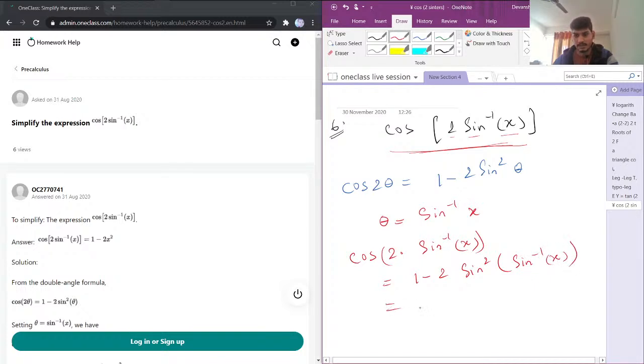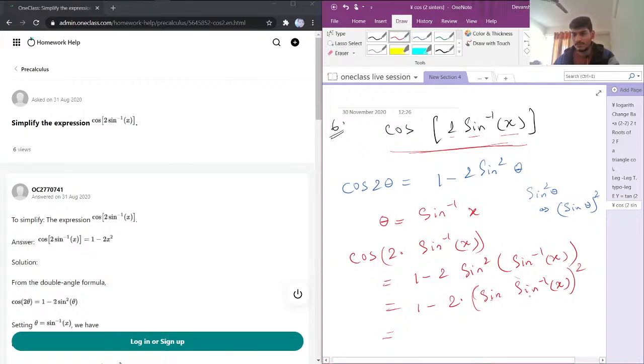I can write this as 1 minus 2 times, just to simplify, sine square theta as sine theta whole square. This square will operate only on the sine operator, not on the theta.